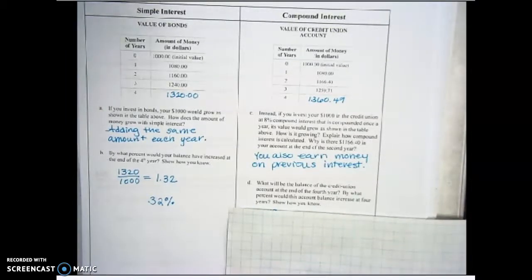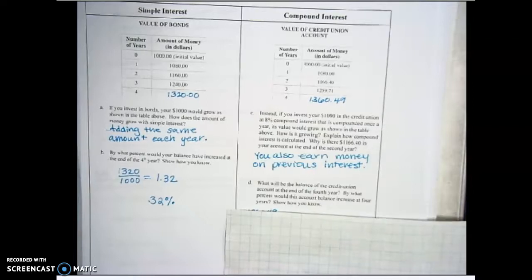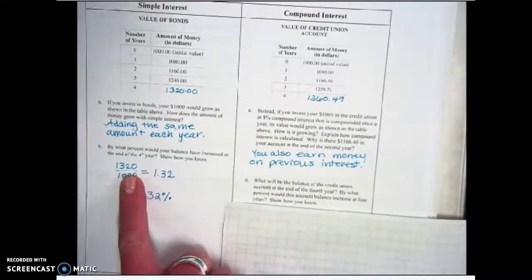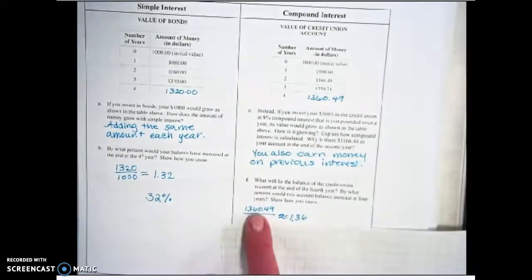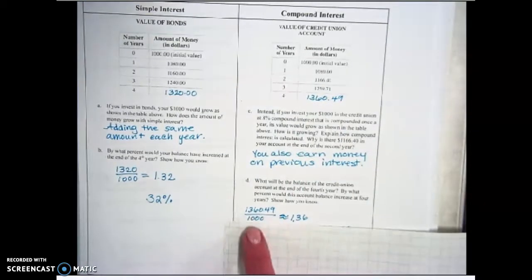We already calculated that. By what percent would this account balance increase at 4 years? Show how you know. So we're going to do the same thing we did over here. We're going to take the fourth year's value, $1,360.49, and divide it by the initial investment of $1,000.